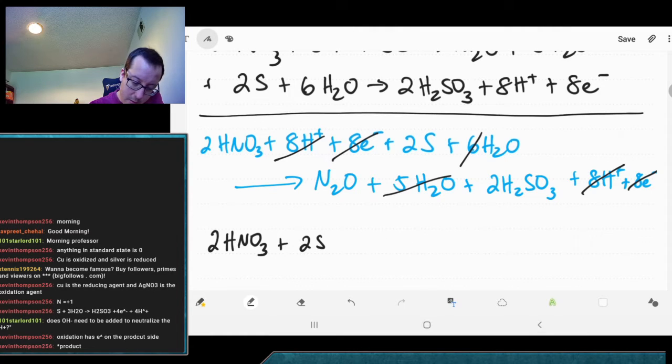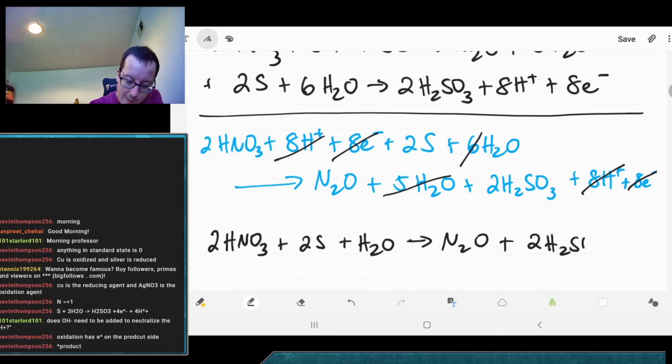Oops, I forgot a water. It turns into N2O plus 2 sulfurous acids. Oof. All that work just to throw in the extra water, right? That was the only thing really that we ended up doing, right?